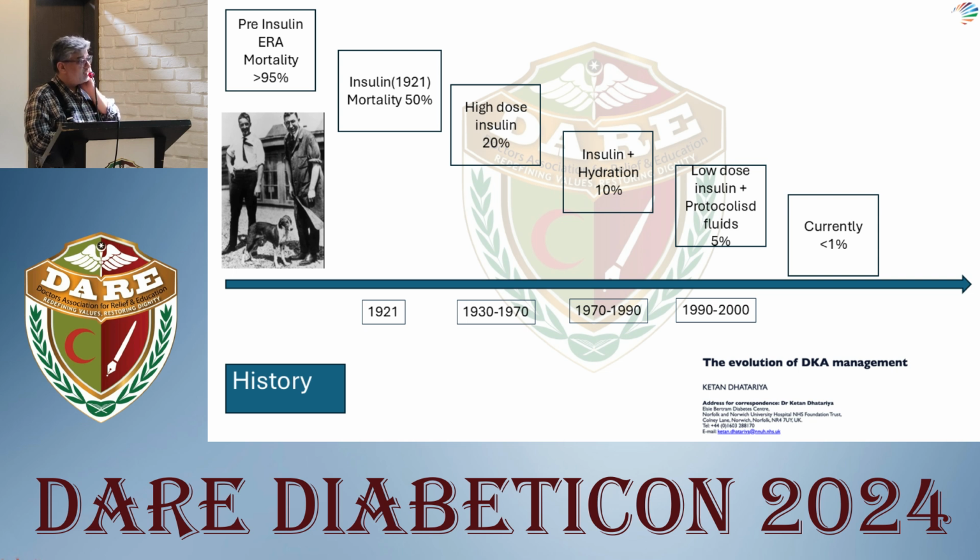Then from the 1970s to 1990, people understood the importance of not just insulin, but also proper fluid therapy, and mortality reduced to 10%. In the 1990 to 2000 period, even smarter ways of managing fluid therapy and insulin therapy reduced it further, and presently the mortality is less than 1%. So much advancement happened because of our better understanding of how to adjust our insulin and fluid therapy.